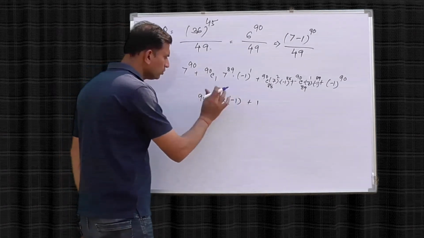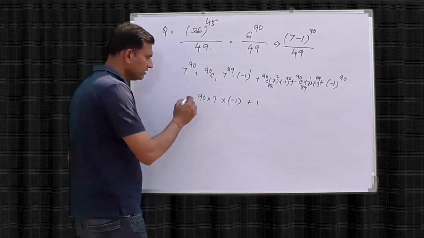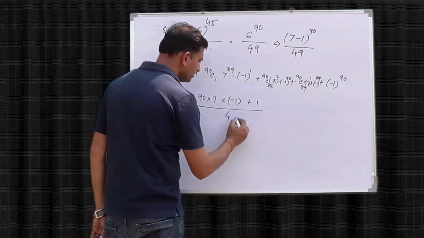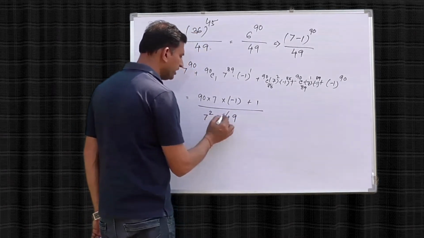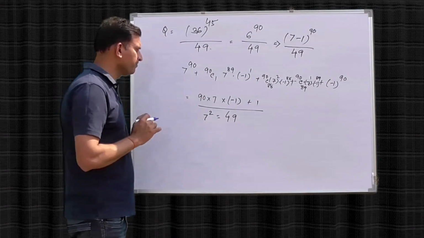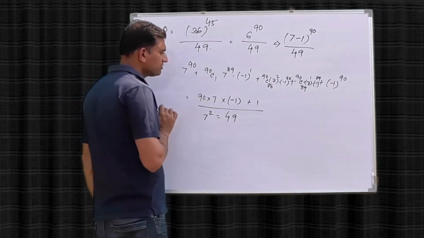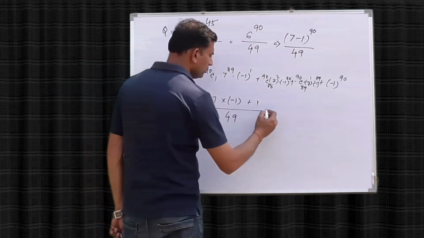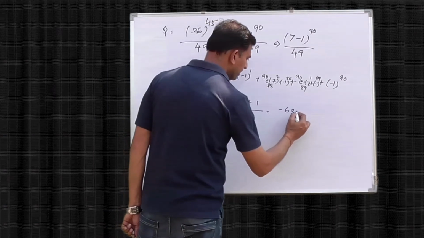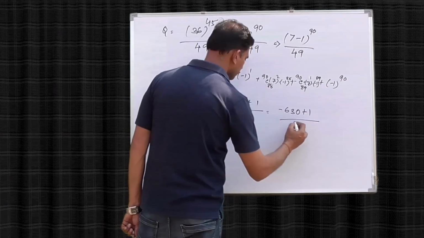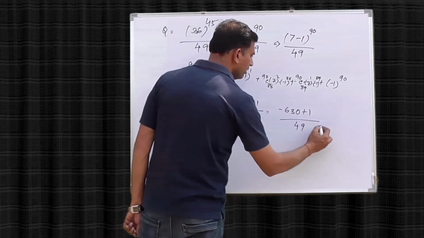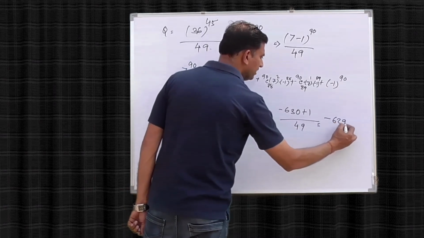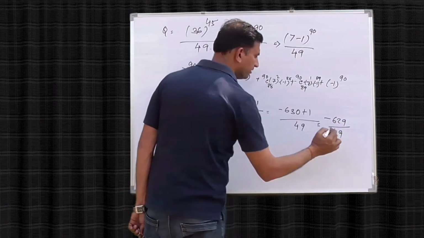Only these two things are required, divided by 7 square or 49. Now this is 90 into 7 into minus 1, so this is minus 630 plus 1 divided by 49, or minus 629 divided by 49.